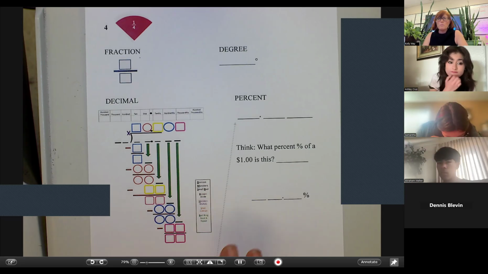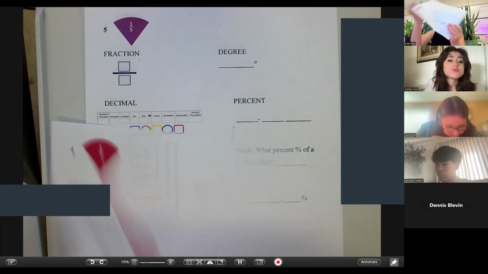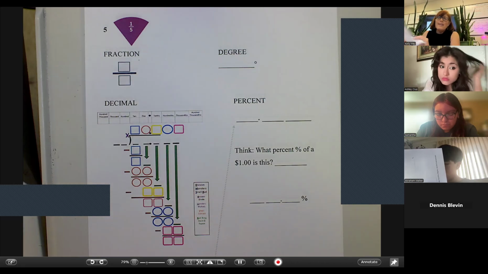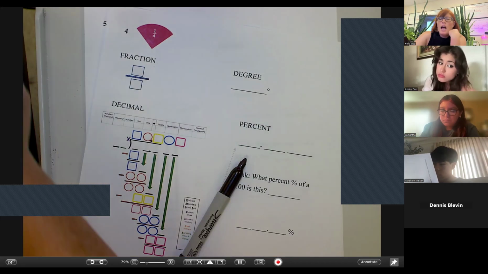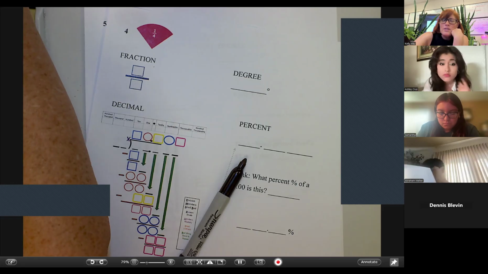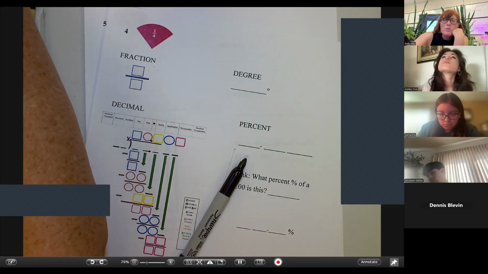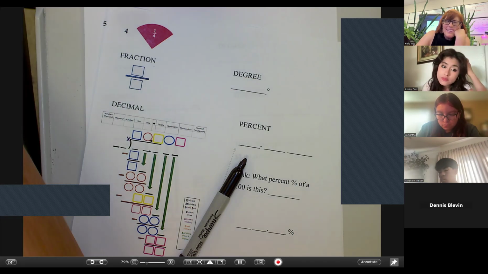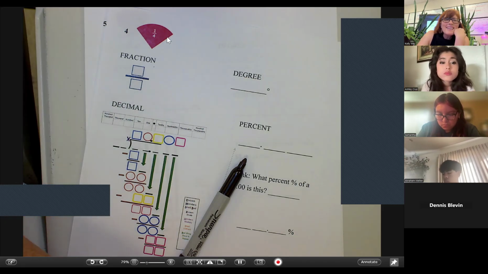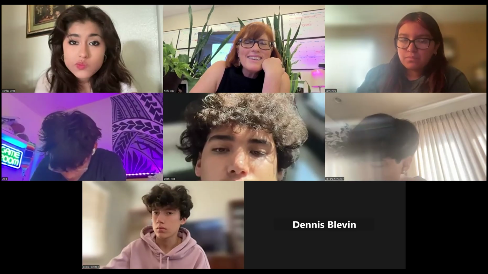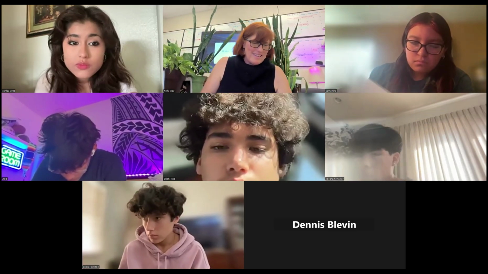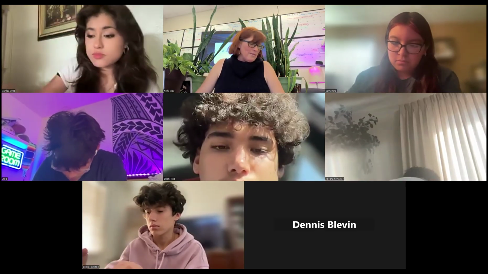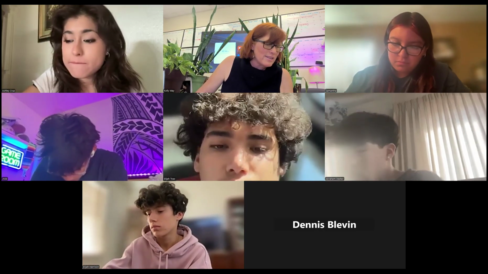So work through these pages and then show me page by page, like, yes, Miss Ray, and I'll give you a thumbs up. If you need help computing any of these, just unmute and I'll help talk you through it. So you're doing pizza slice 4, 5, and 6 right now.